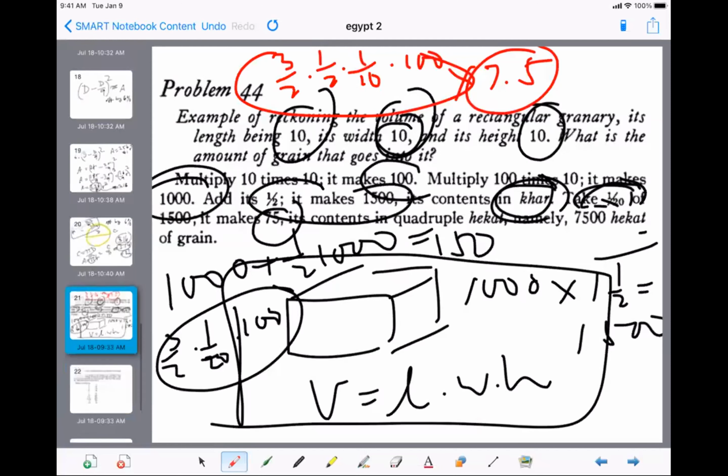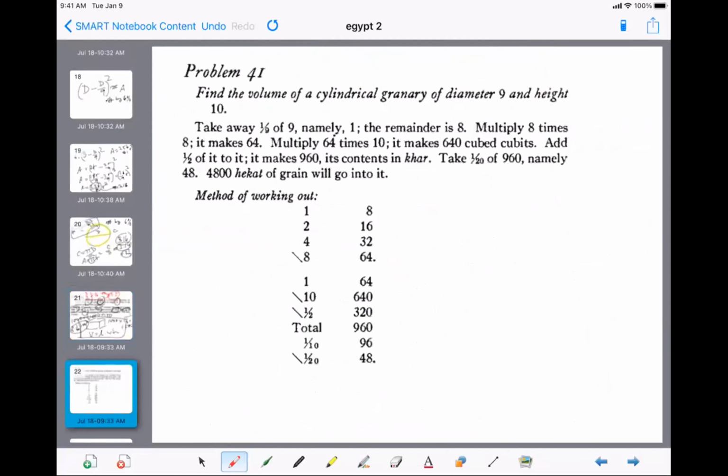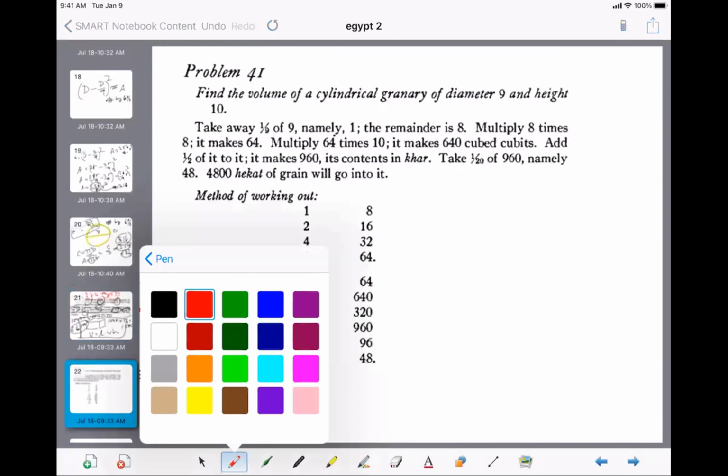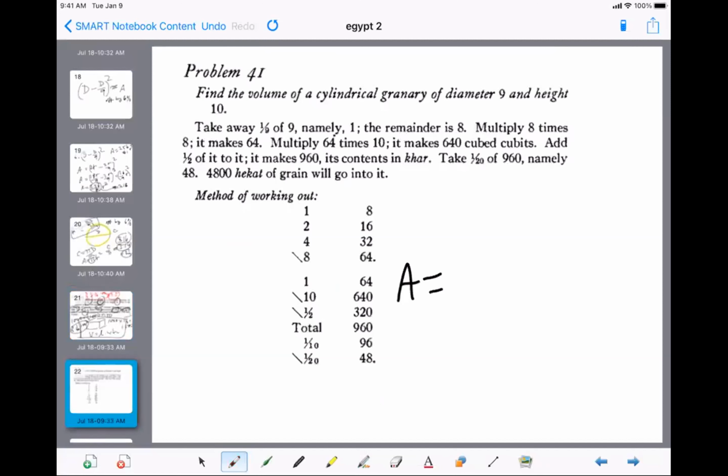Now, problem 41 is kind of surprising to me. It's the volume of a cylinder, and what's not surprising is that the formula is area of base times the height. So nowadays, it's pi r squared h.